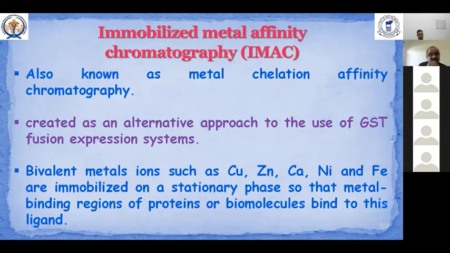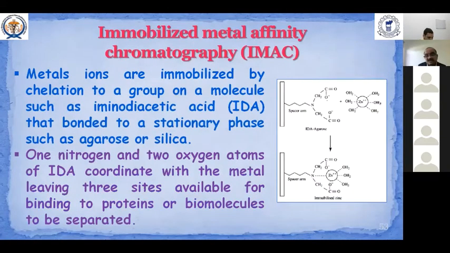In this technique, bivalent metal ions such as copper, zinc, calcium, nickel, and iron are immobilized on the stationary phase by the chelation process, so that the metal binding regions of the protein or biomolecules bind to this ligand.